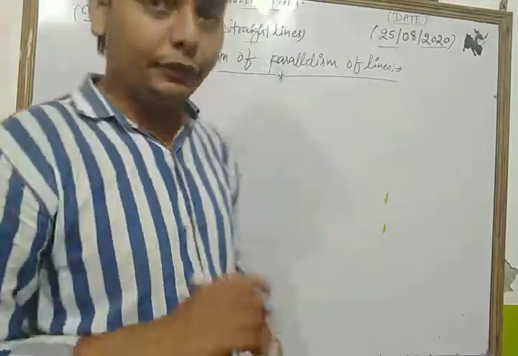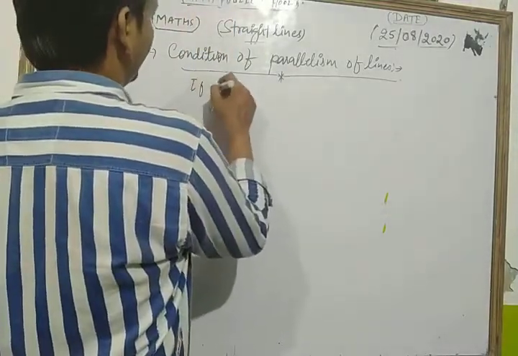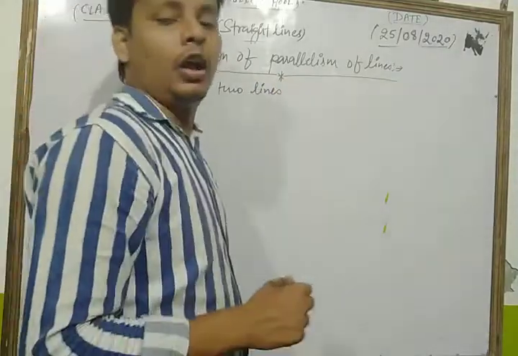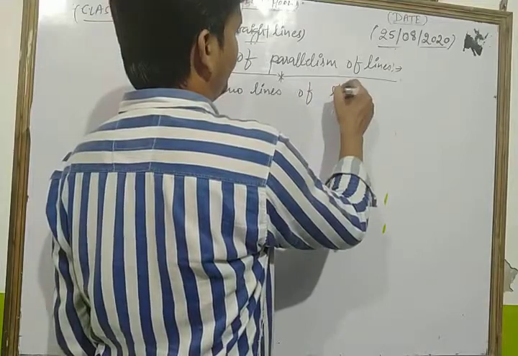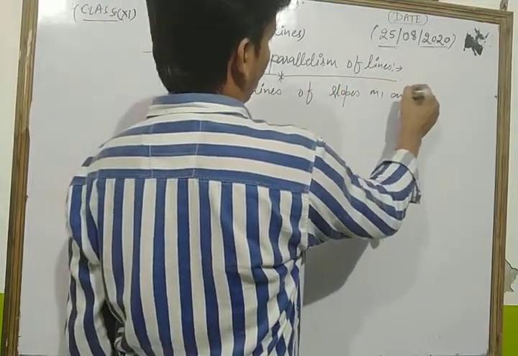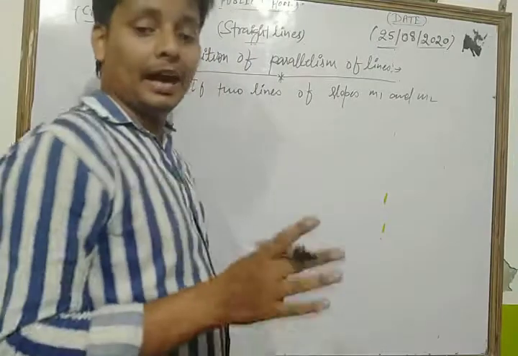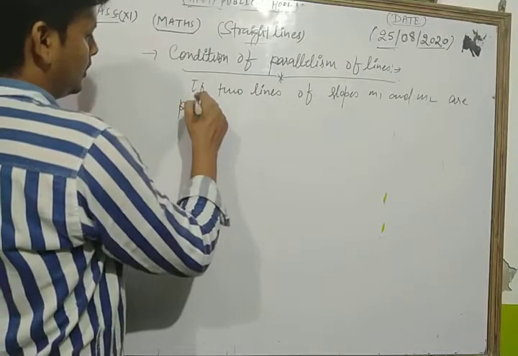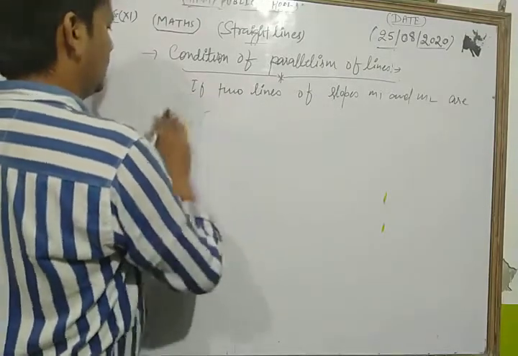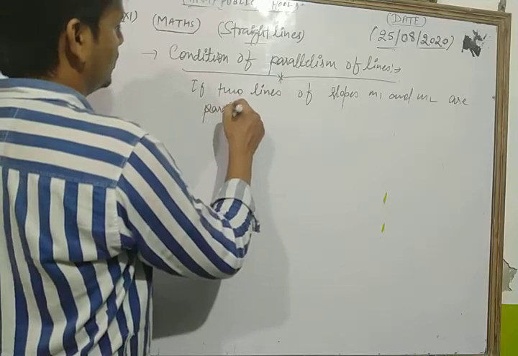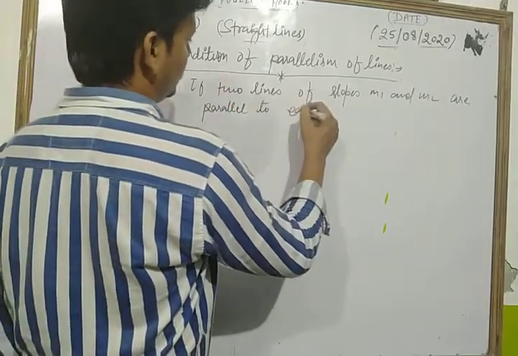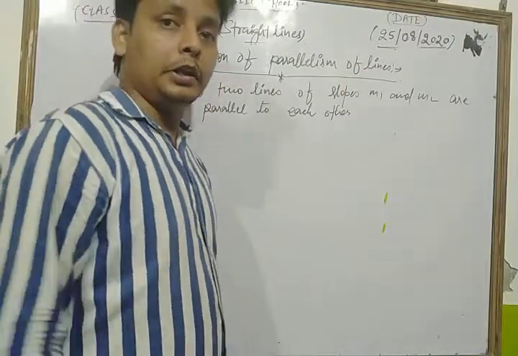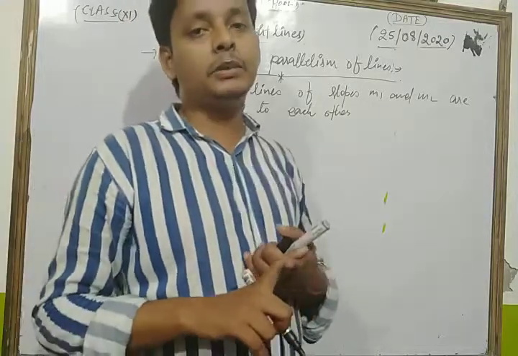Dear students, two lines of slopes m1 and m2 are parallel to each other if and only if the angle theta between them is 0.